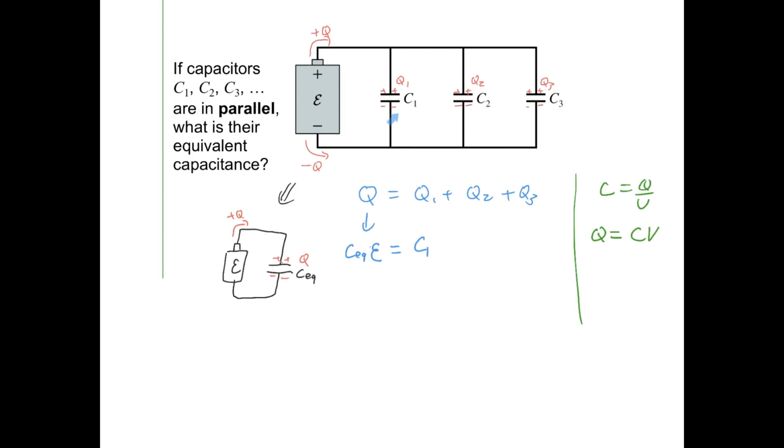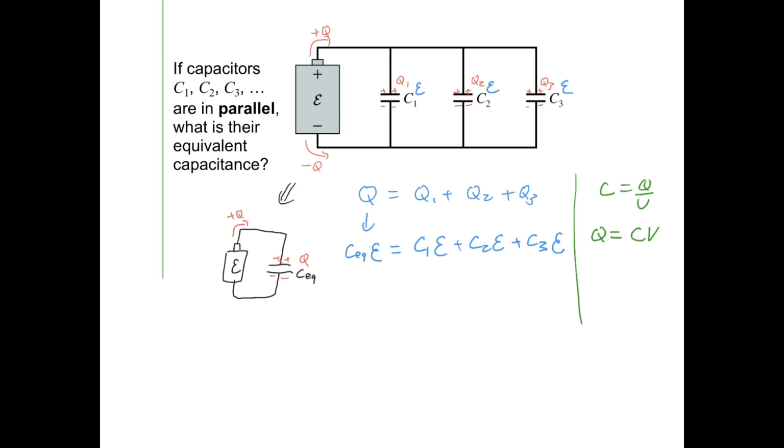So the voltage across this is E, which means the voltage across this one is also E. The voltage between any point here is the same. So this voltage here is going to be E, and then it's going to be plus C2E plus C3E. So the voltage across each of these things is E for all 3 cases.